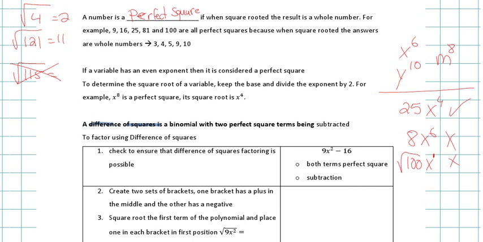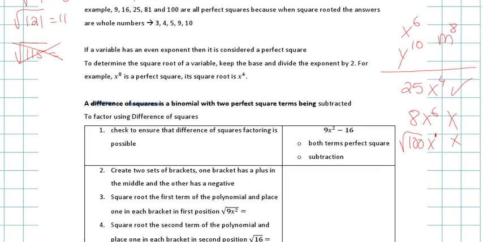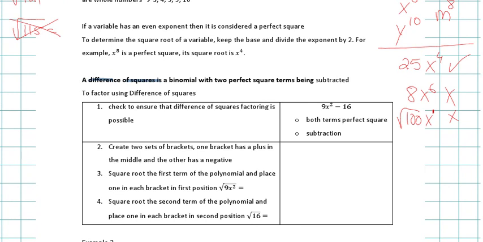Let's see how I do that. I'm looking at this binomial. It has to be a binomial because I'm looking at two terms only, with a minus between them. So I have a binomial here, 9x squared minus 16. Can you tell me if 9x squared is a squared term?